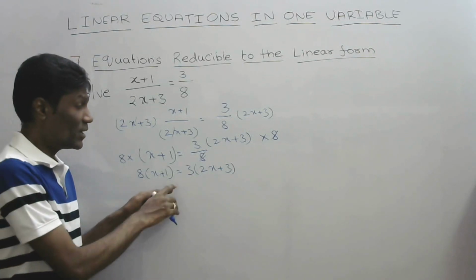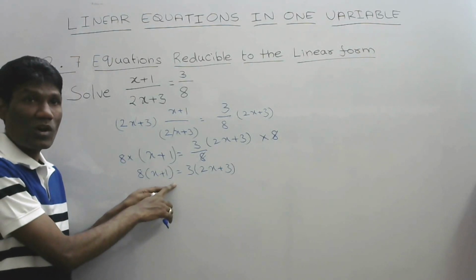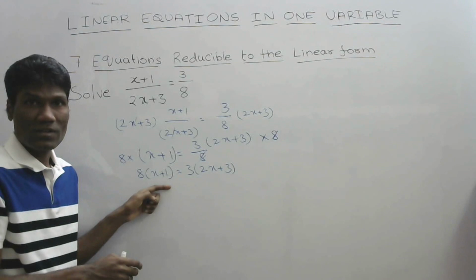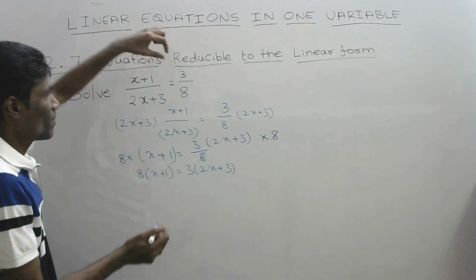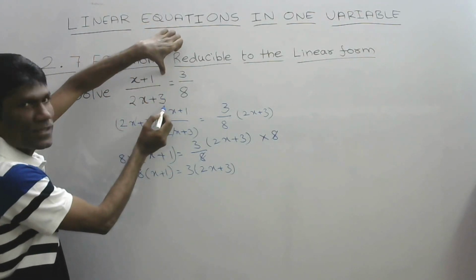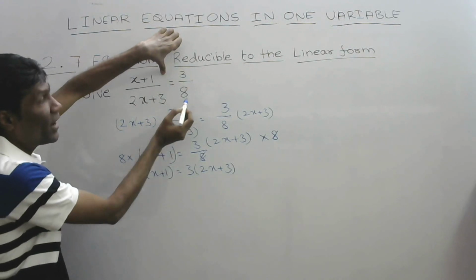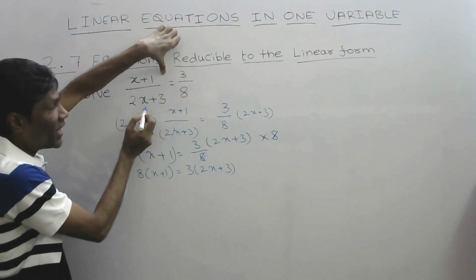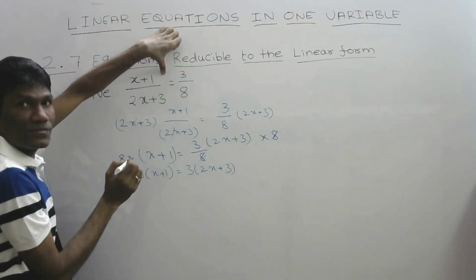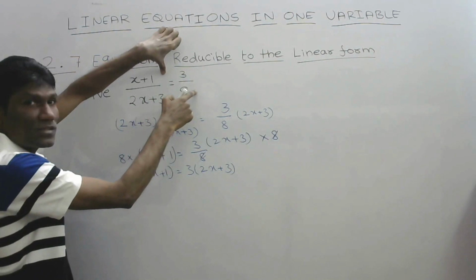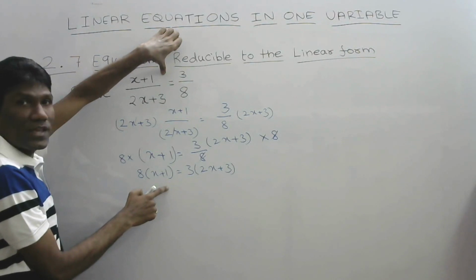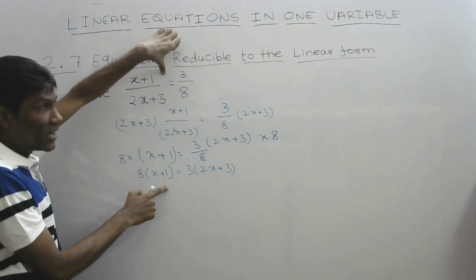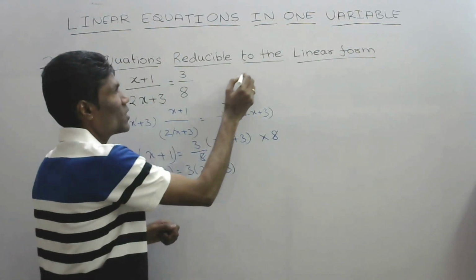But is this the only process or is any other shortcut method there? Let us observe this. In this, we can transpose this 8 to this side and we can transpose this to the other side. If we do this, then also we will get the same linear equation. Let us try that.